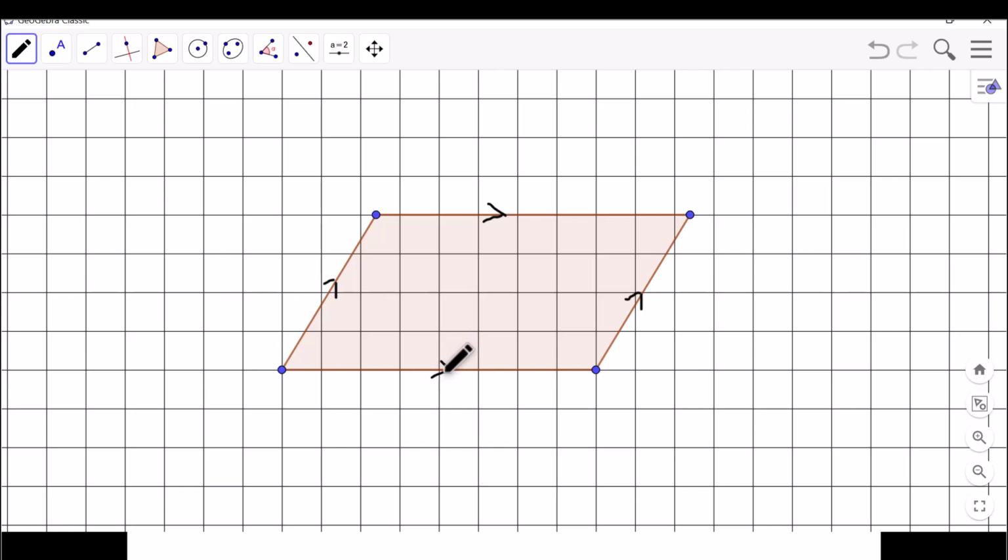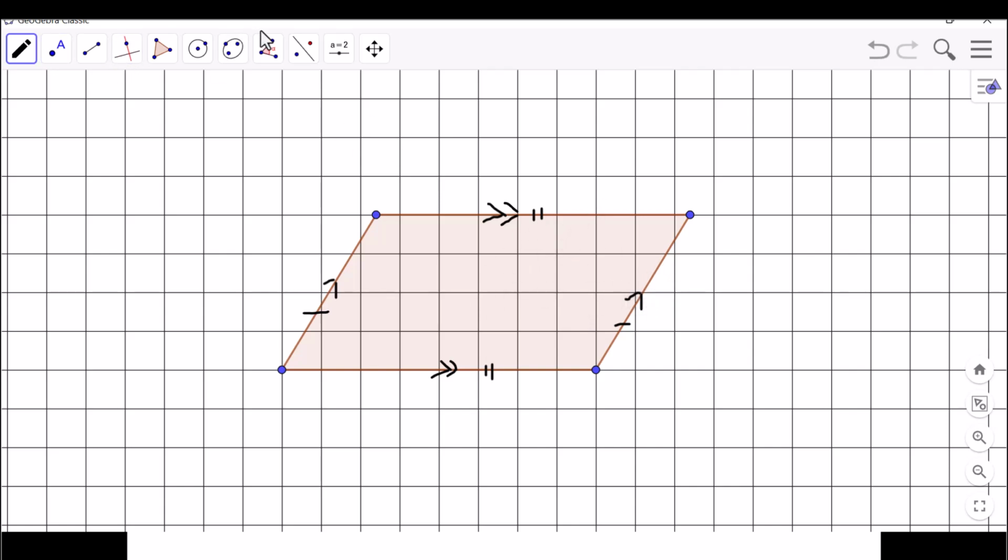Use arrowhead. Arrowhead shows that they are parallel. Then it's also equal. This side is equal to this side. Then this side is equal to this side. So single lines like this show equal, while arrowhead shows parallel line.